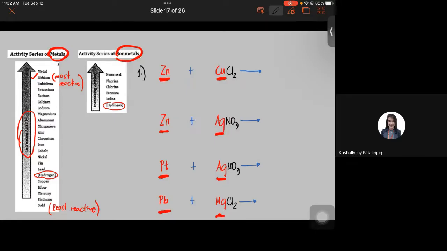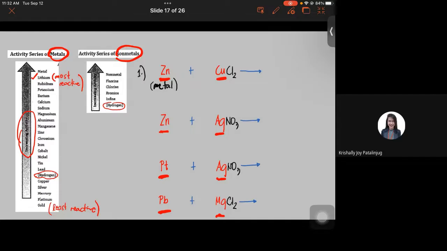Zinc is a metal. So if it is a metal, upon reacting with the compound cupric chloride, which do you think will it try to replace or displace? Is it copper or chlorine?